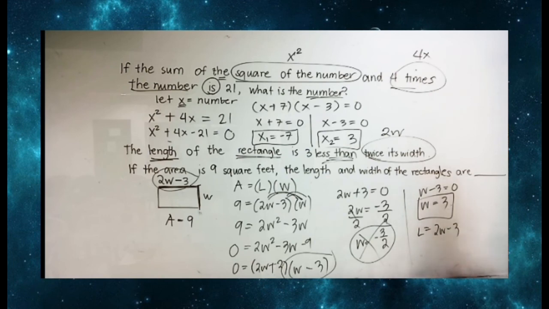Ang gagawin mo lang para malaman yung length, isubstitute mo yung 3 sa W. 2 times 3 minus 3. And the length will become 2 times 3 is 6 minus 3 is 3. So therefore, the length is 3 and the width is positive 3.